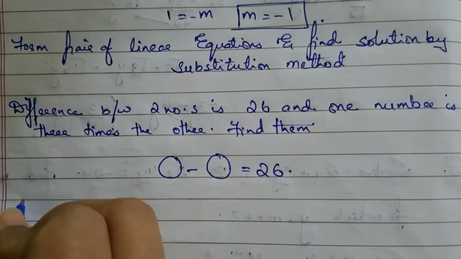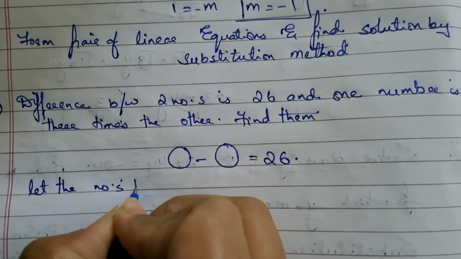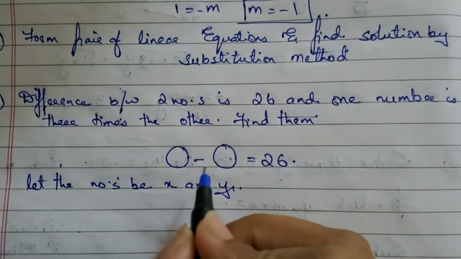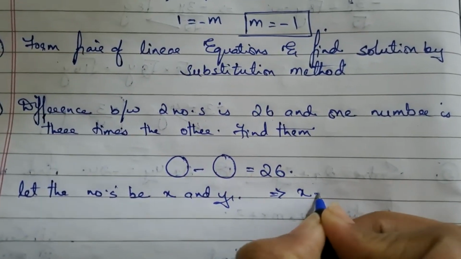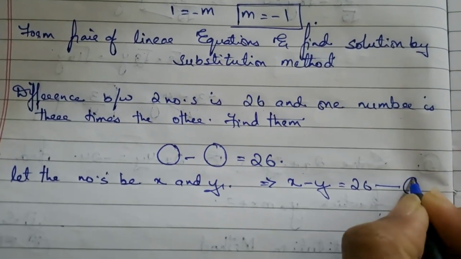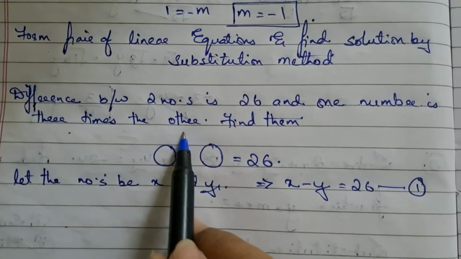So we will say let the numbers be x and y. With the first statement I can write x minus y is equal to 26. This is my equation 1. Then it says one number is 3 times the other number.